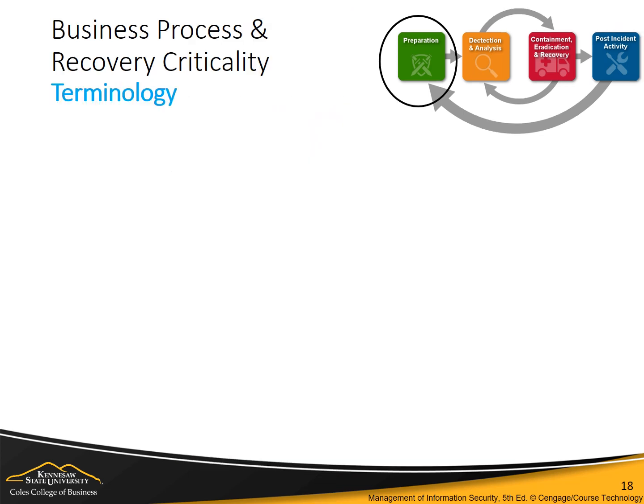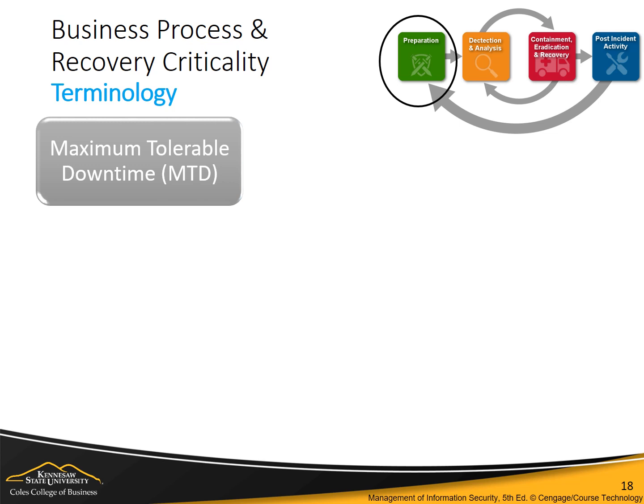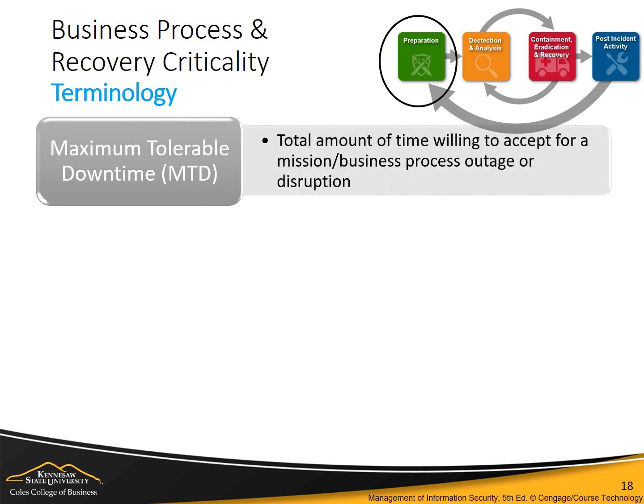Let's look at some of the terminology so that we understand the detail needed for the business impact analysis. First is maximum tolerable downtime, or MTD. This is the total amount of time the system owner or authorizing official is willing to accept for a mission or business process outage or disruption, and it includes all impact considerations.